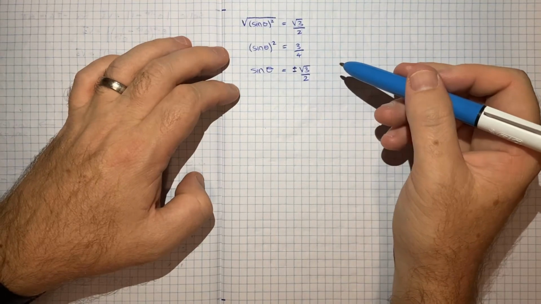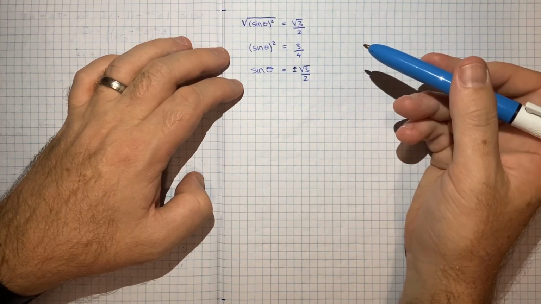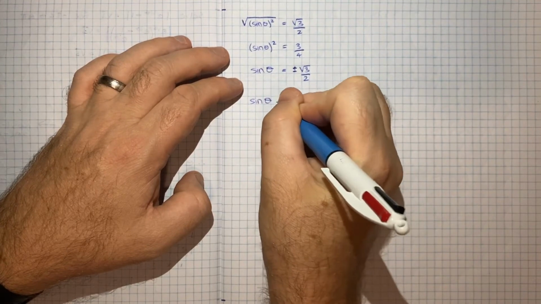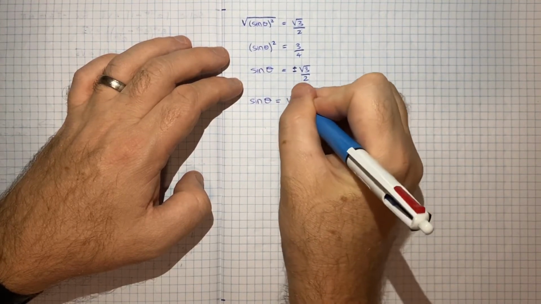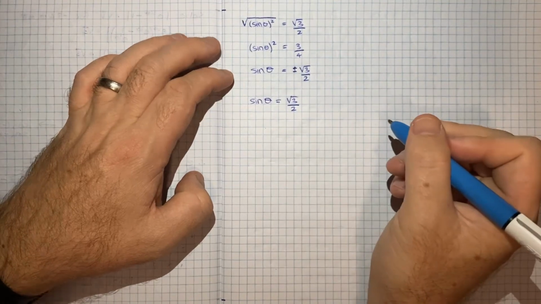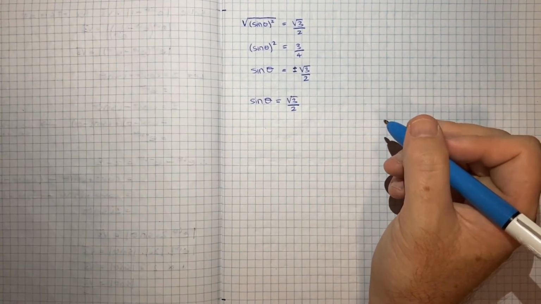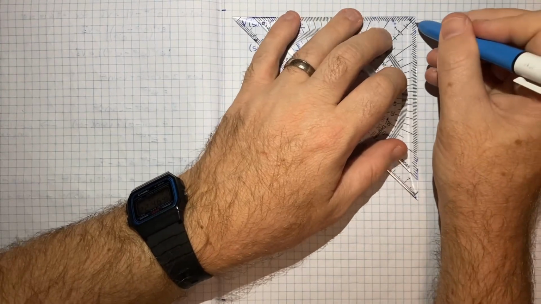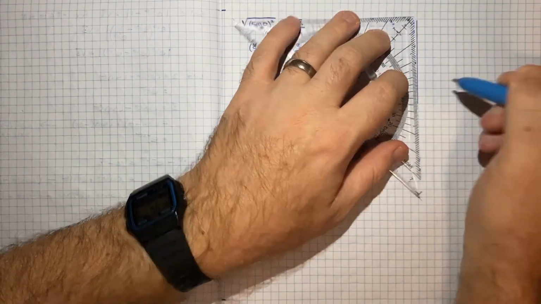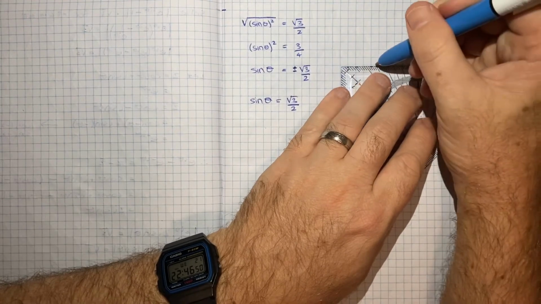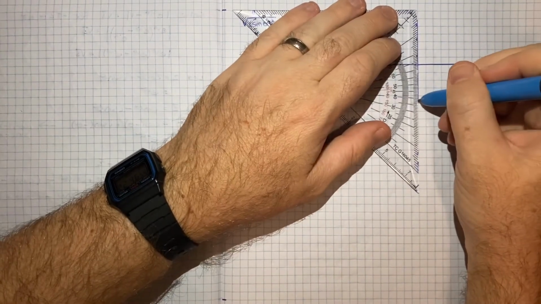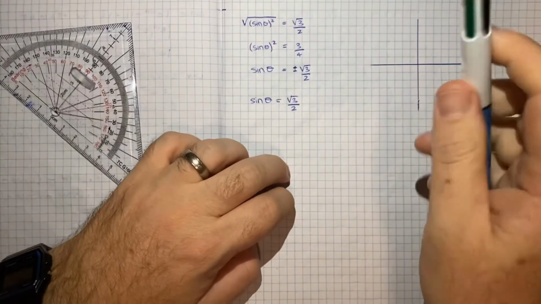So if we look at those one at a time, when is sine theta equal to plus root 3 on 2? Well, I might just get my ruler and draw up a quadrant, and we can map this out. I'll do a rough sketch, maybe in a different color.